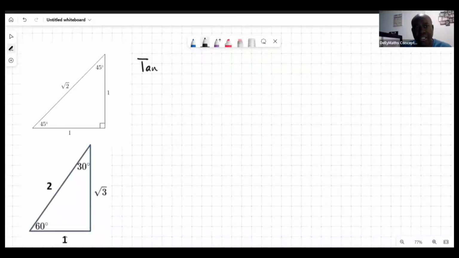A tangent of 15 degrees. The tangent of 15 degrees can be represented as the tangent of 45 degrees take away 30 degrees. So that is using a difference formula for tangent.